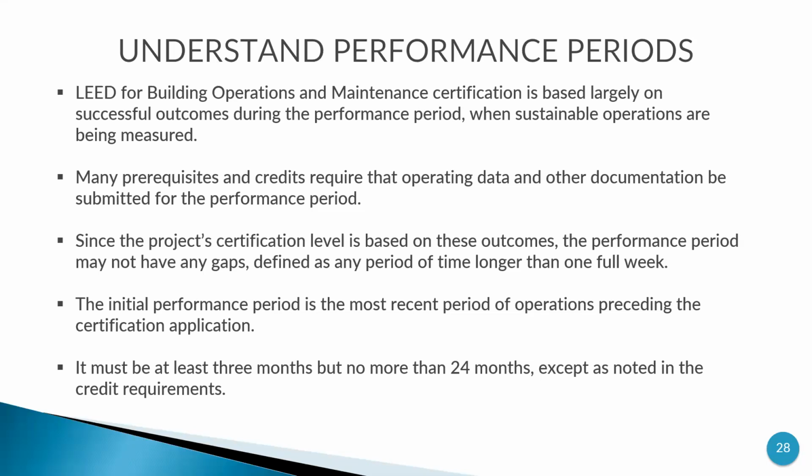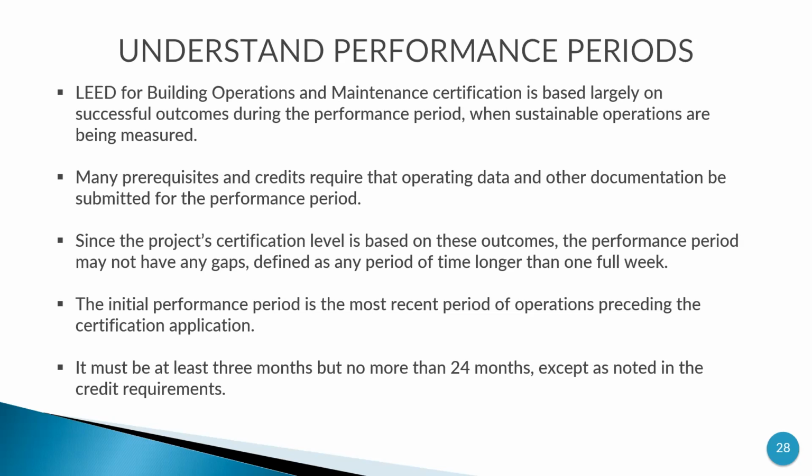The initial performance period is the most recent period of operations preceding the certification application. Means immediately after your certification application, you start working on the performance part of it.